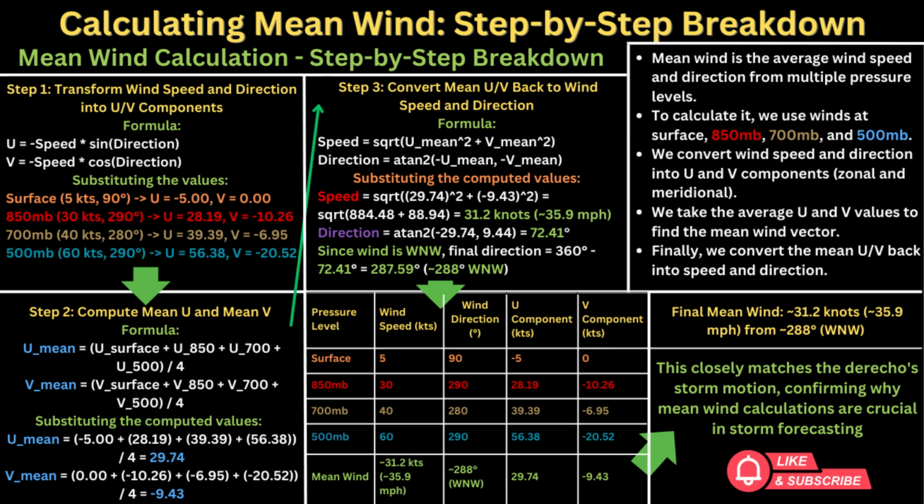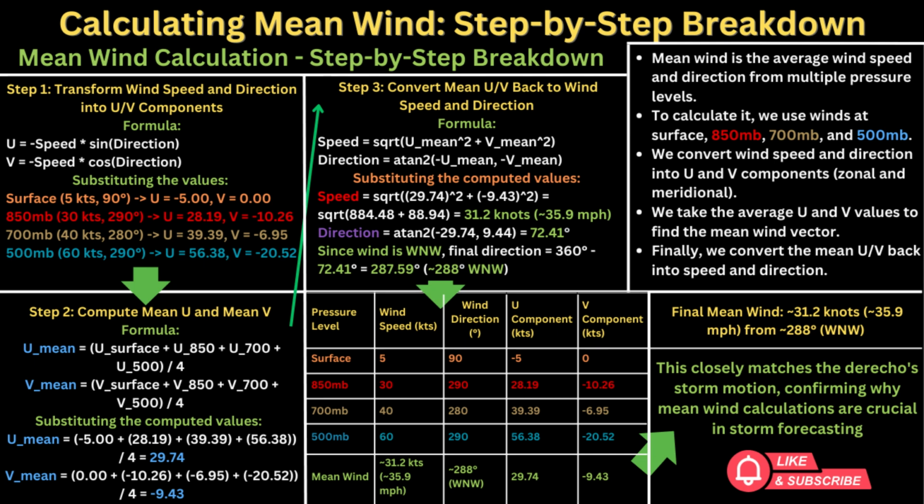Now, we take those mean U and V components and convert them back into a single wind speed and direction. To find the wind speed, we take the square root of the sum of the squares of the U and V components. This gives us a total wind speed of 31.2 knots, or about 36 miles per hour. To determine the wind direction, we use the inverse tangent function, also known as arctangent or atan2.